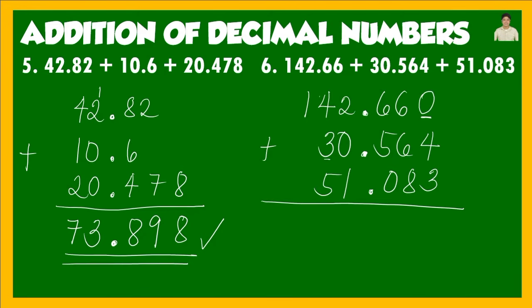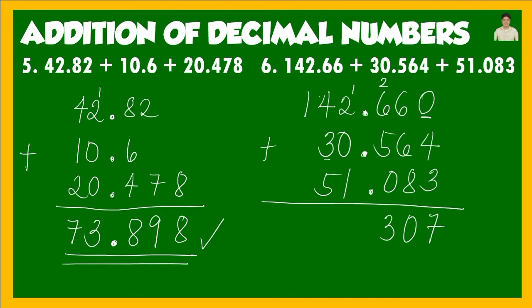So, ayan. 4 plus 3, halimbawa, naglagay tayo ng placeholder na 0 doon. 7 pa rin naman po yung sagot. So, 4 plus 3, 7. 6 plus 6, 12. Plus 8, we have 20. So, we will write 0 and then carry 2. 6 plus 5, 11. Plus 2, that is 13. So, we'll write 3 and then carry 1. 1 plus 2, 3. Plus 0, 3.